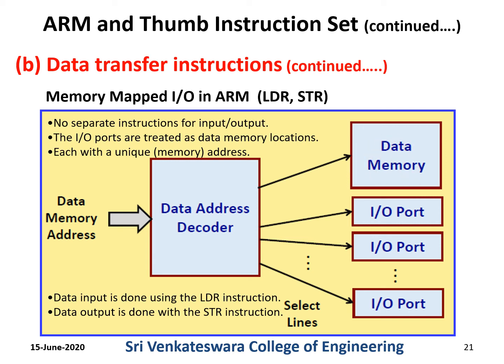So the memory address that is received by the address decoder considers that address similar to that of data memory address, and after decoding, if the address represents a particular input output port, then data transfer, that is input operation or output operation, takes place.